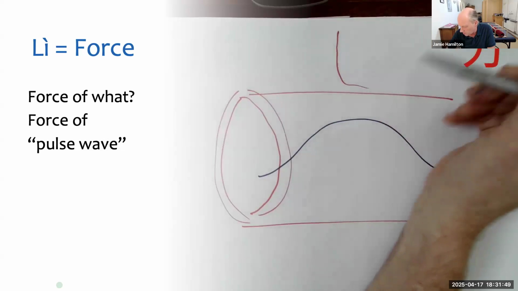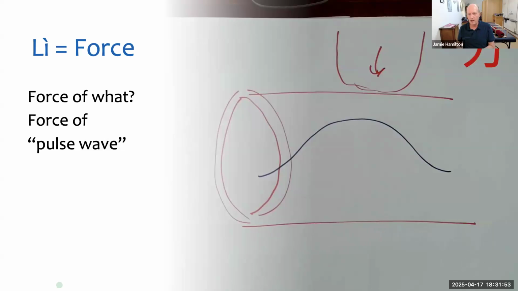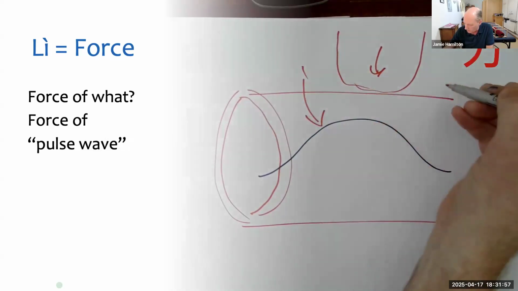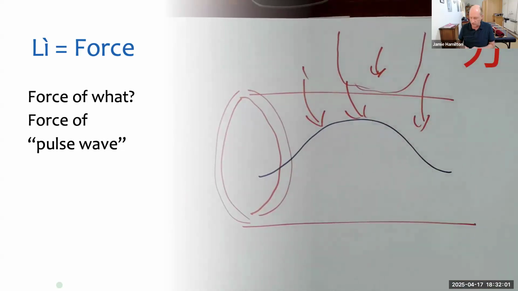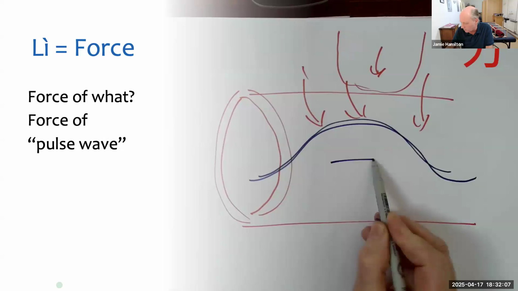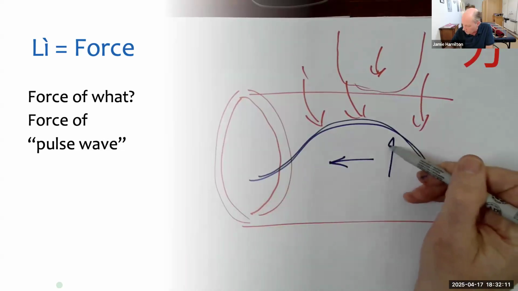Our fingers are touching the artery with our intention, and we are feeling with our feeling capacity into the artery. And inside the artery, we have a wave of something that is coming through, and it is traveling through the artery, and it has a height.